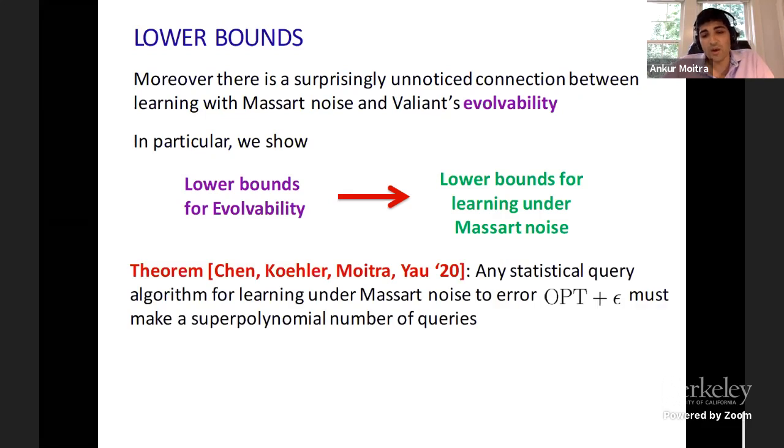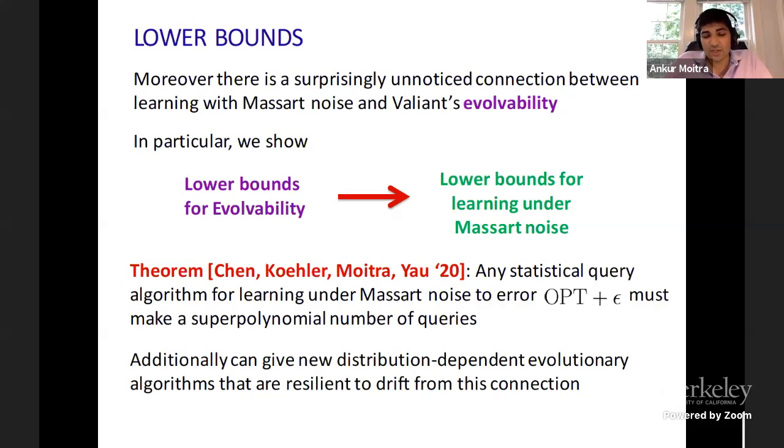One of the remaining questions I posed is whether you can compete with the optimal agreement. It turns out that you can prove lower bounds in a natural framework for algorithms called statistical query lower bounds, that there's no polynomial time algorithm for learning under Massart noise up to error opt plus epsilon with a polynomial number of samples and runtime.